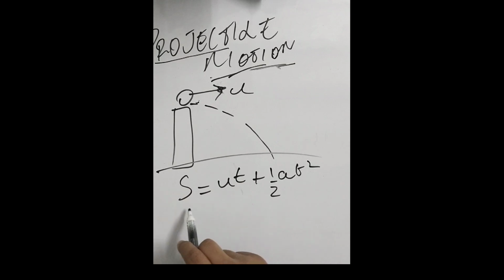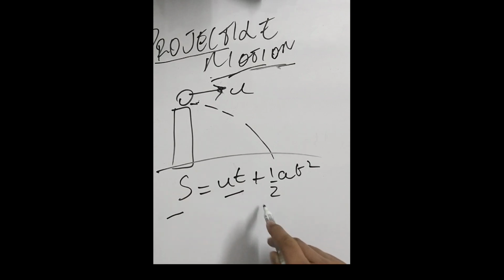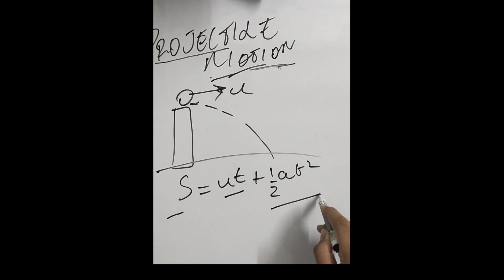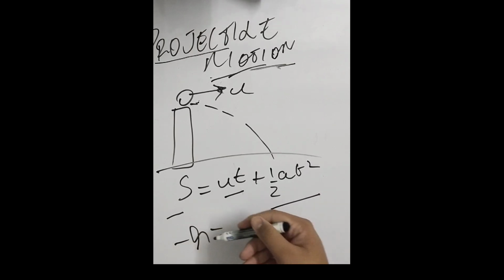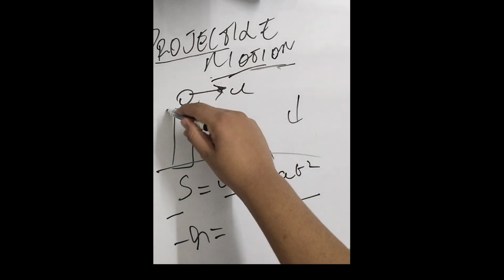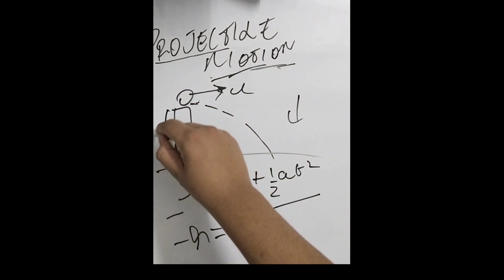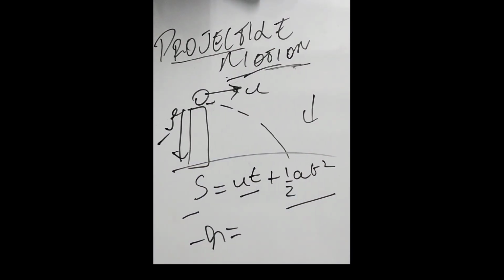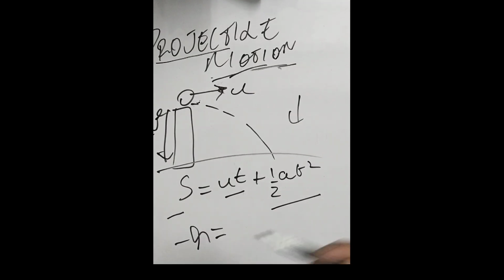From the standard formula, S is equal to ut plus half at square, we can substitute minus h is equal to y is h minus, because we are measuring h in a downward direction, from here to here, which is negative, and hence y is negative. Now, how to derive this equation? Let's continue.